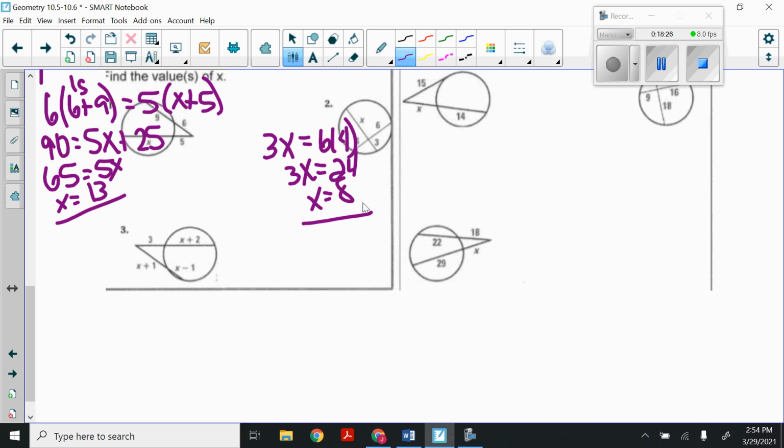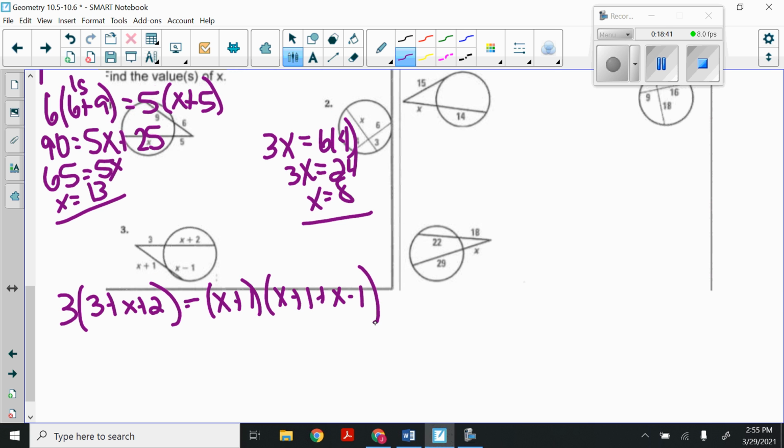All right, so down here, again, the outside 3 times the outside plus the inside equals the outside x plus 1 times outside plus inside. So here I get 3 times 5 plus x equals x plus 1 times 2x.